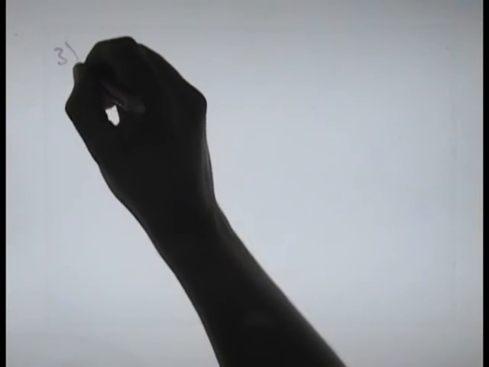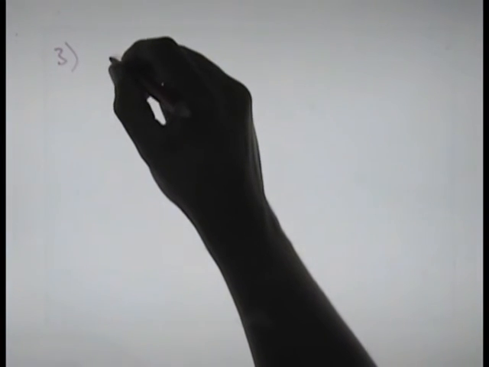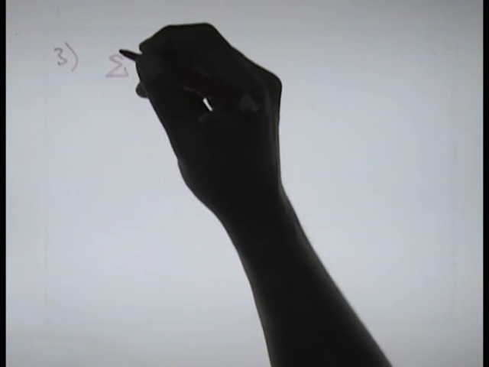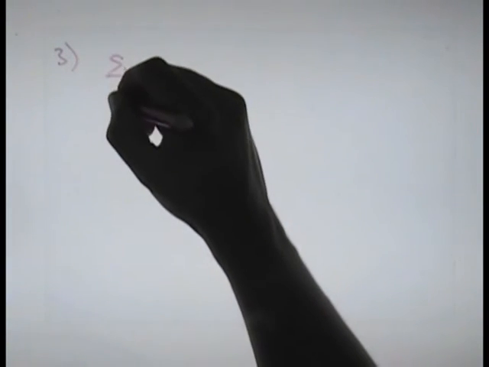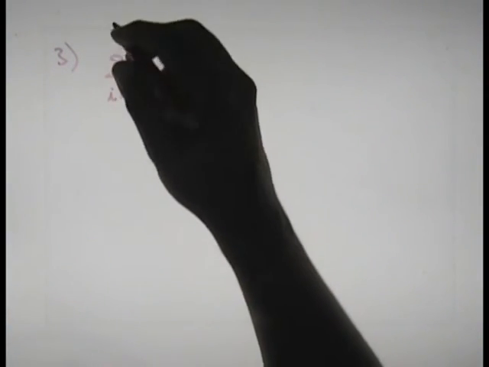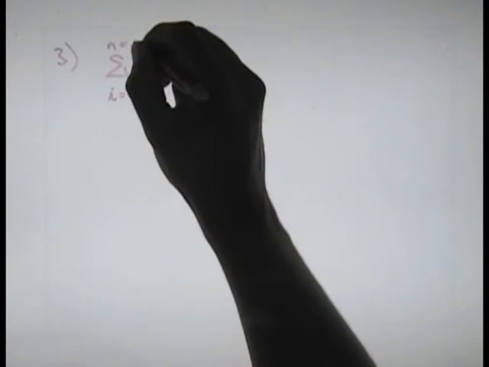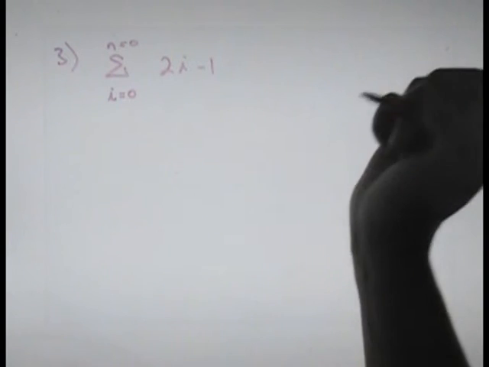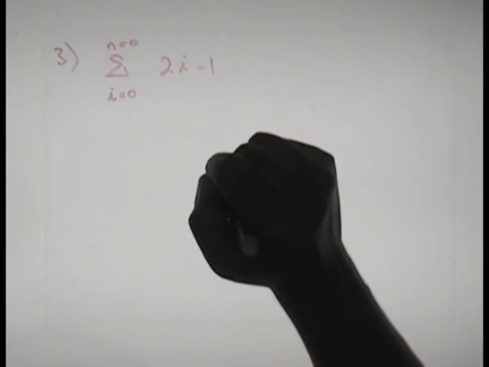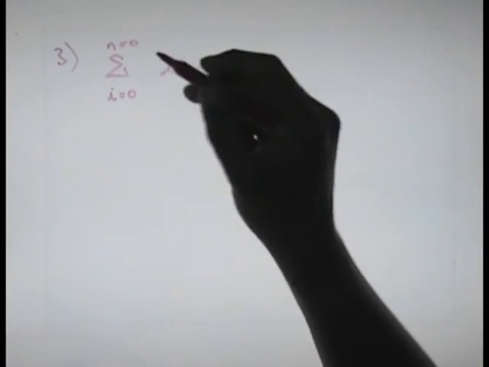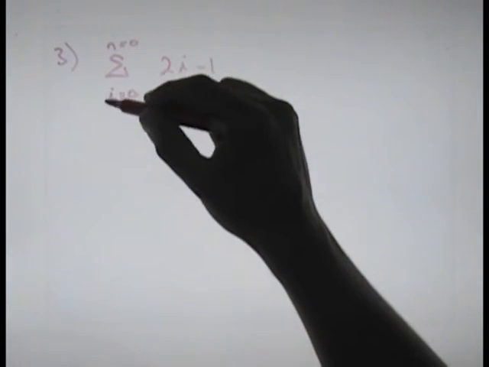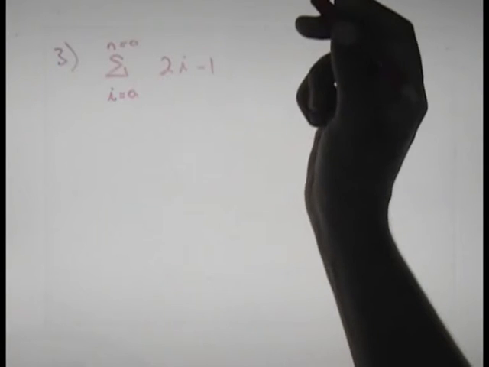Number 3 said sigma i is equal to 0 all the way up to n is equal to 0 of 2i minus 1. N is equal to 0 means that, and i is equal to 0 means that we're starting at 0 and we're ending at 0.